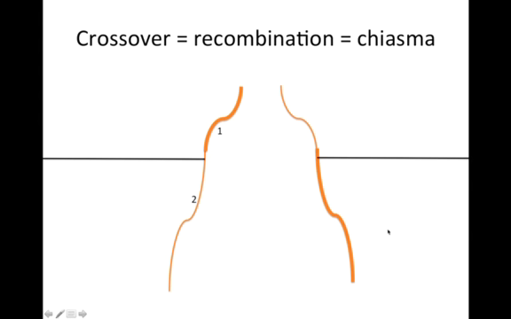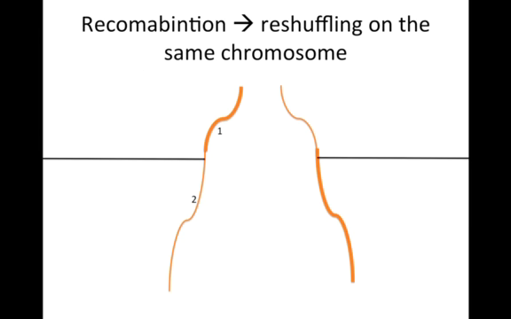And we see we have one copy that has neither mutation, and we have one copy that has two mutations. So what we've shown is that the process of reshuffling happens not only between mutations or variation on different chromosomes, but can happen between mutations or variations on the same chromosome by this physical process of breaking and rejoining called recombination.